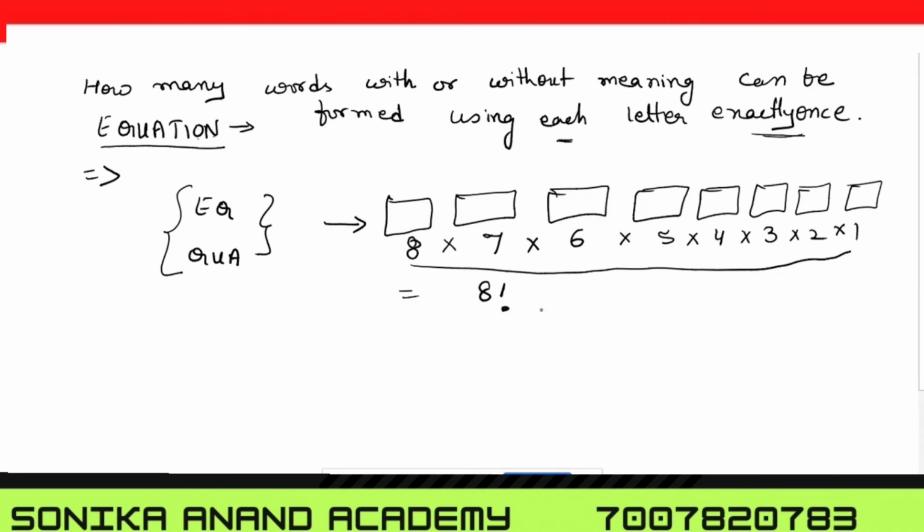And one thing more. If we have n, that means n factorial. That means we have 8 boxes to fill and we have 8 choices, so its answer is factorial 8.